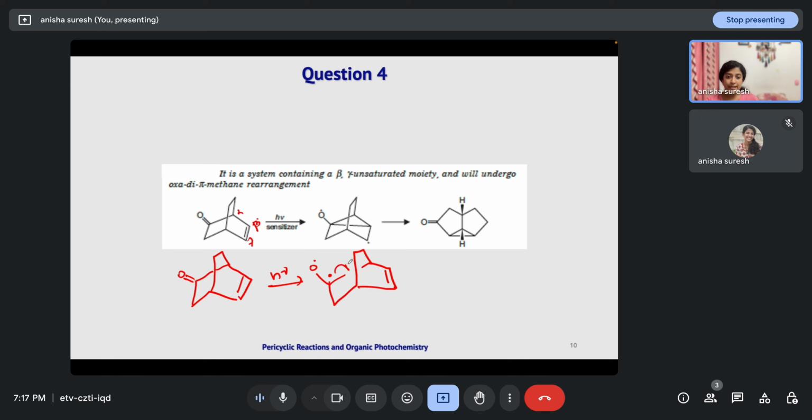It will react with this alkene, leading to formation of a cyclopropane and a carbon radical in this fashion. Now we can number it 1, 2, 3, 4, 5, 6, 7, 8. Upon formation of the carbonyl, this 1,6 bond will be breaking, leading to formation of a radical at the 6 position. So how will it be?